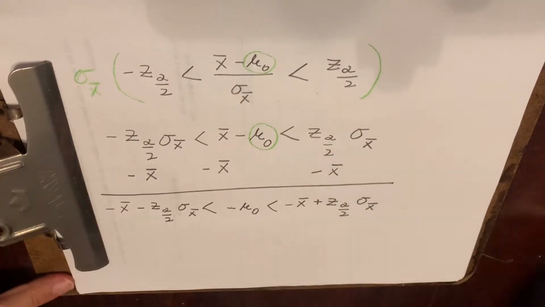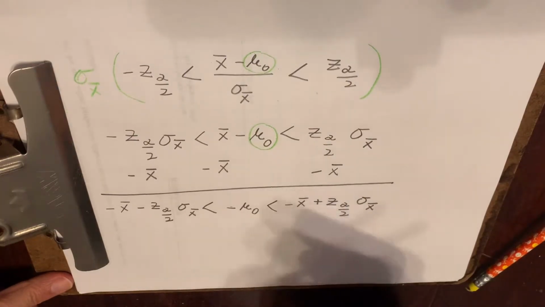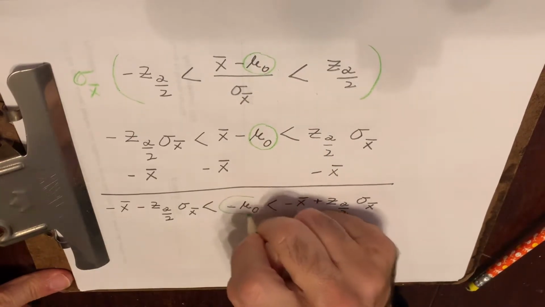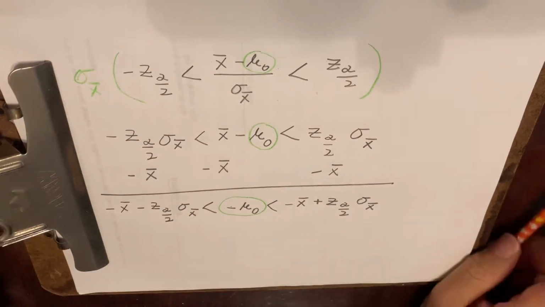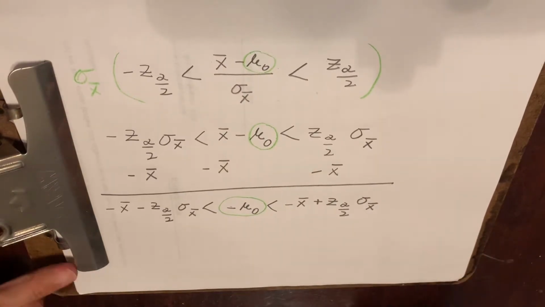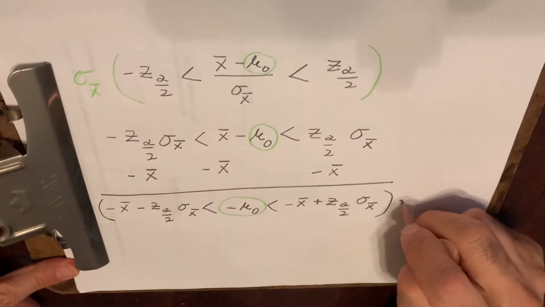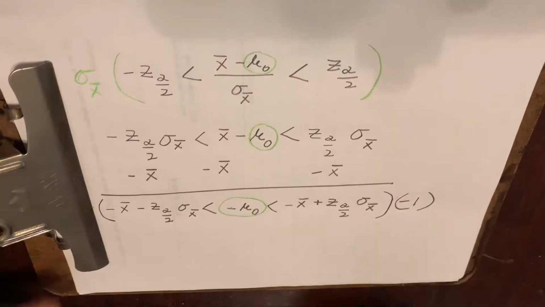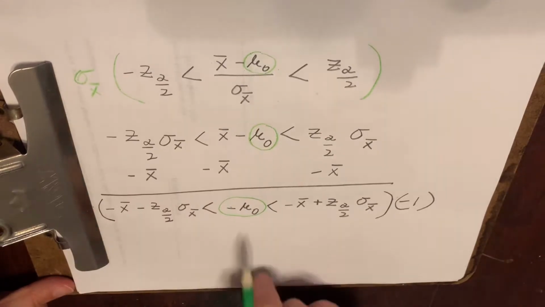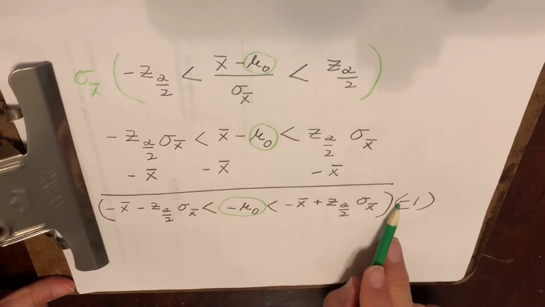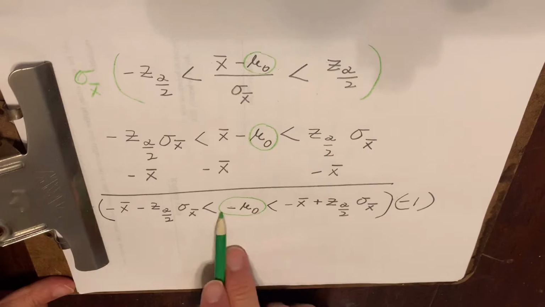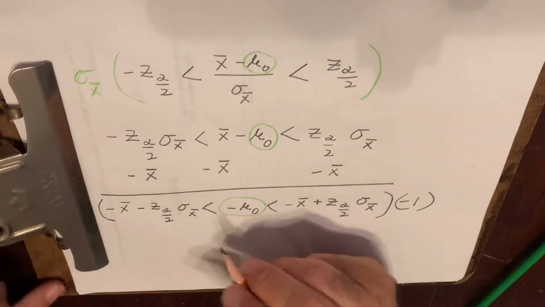Now, we don't want to solve for negative mu naught. That would be kind of silly. We want to solve for positive mu naught. So we're going to multiply this entire inequality by negative 1. We're doing this in order to get rid of this negative, because negative 1 times a negative mu naught is a positive mu naught.